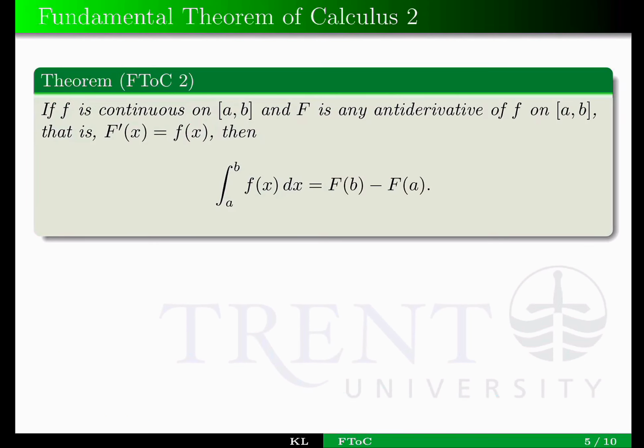Now, for the second part, if small f is continuous on the closed interval AB, and capital F is any, take note of this, any antiderivative of small f on the interval AB. Because it's an antiderivative, it means capital F prime of x is equal to small f of x. Then, the definite integral of f of x dx from a to b. Take note of the upper and lower limits of integration.